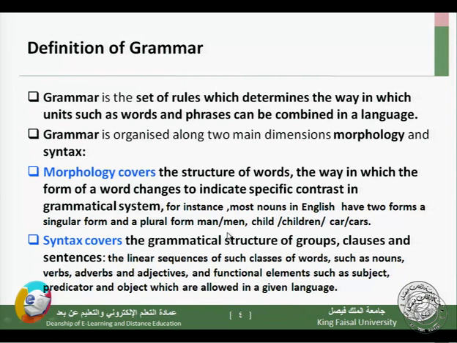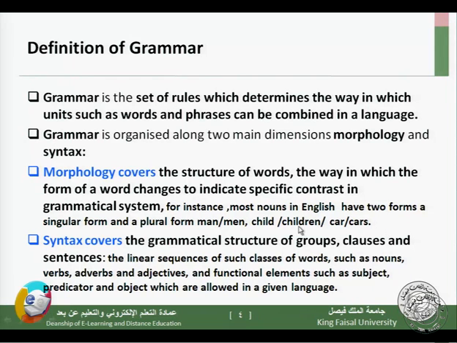Now look at this here, for instance, in English. Most nouns we have in English have two forms, a singular form and a plural form. Look: man, men, child, children, car, cars.